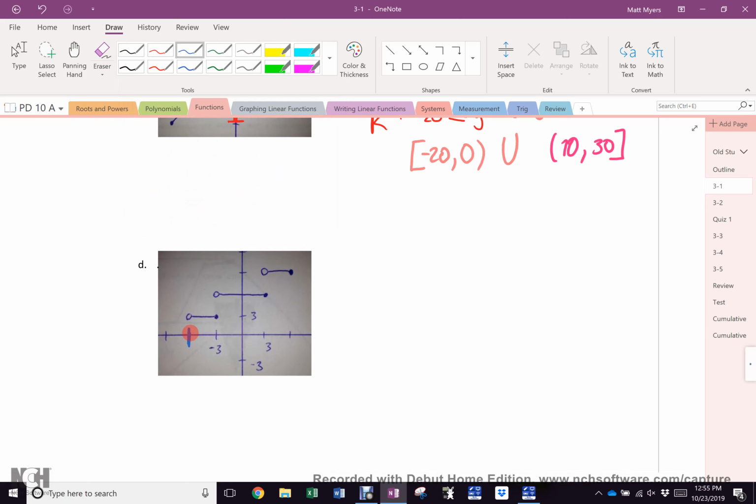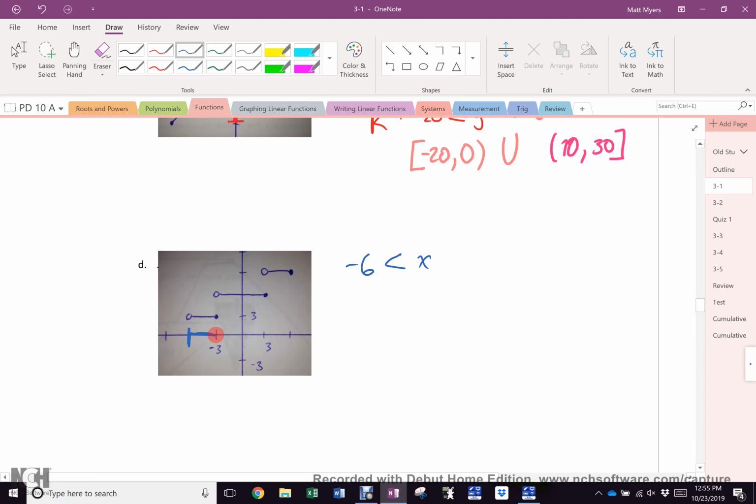Where does it start? Does it include -6? Why? Yeah! So, is it Pac-Man or his ugly cousin? Pac-Man. And then what? We go all the way along.